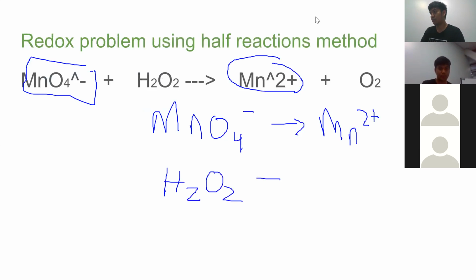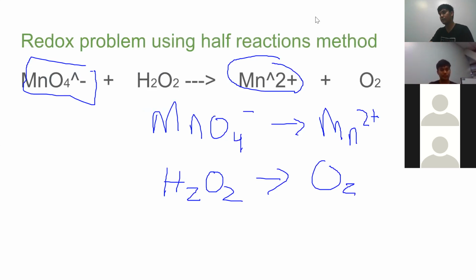Permanganate, which is this ion right here, forms Mn2 plus, which is manganese 2 plus. The method of innies and outies won't work with redox reactions, so they come up with the half reactions method. Instead of solving one giant reaction, you're taking it piece by piece, if that makes sense.